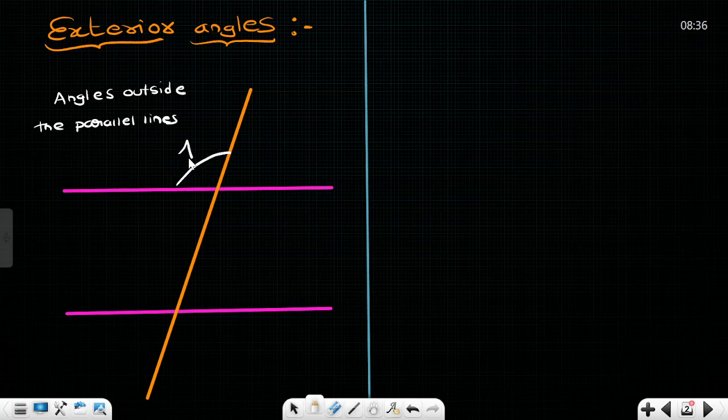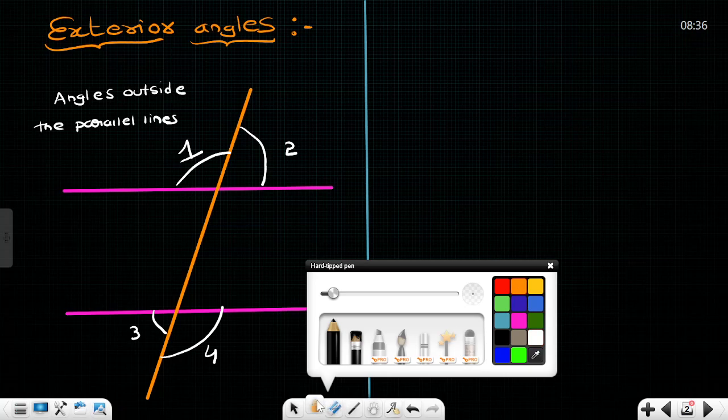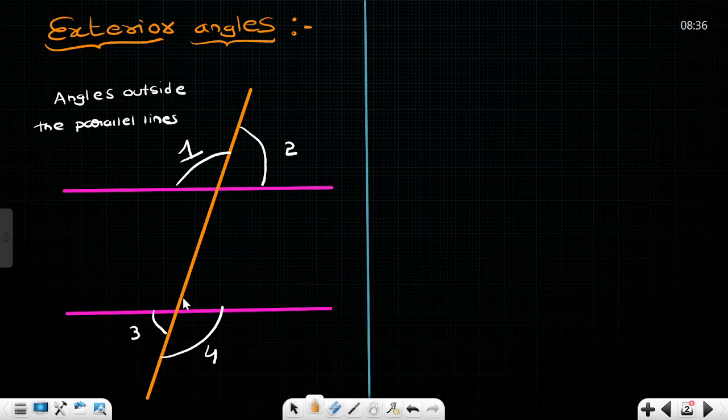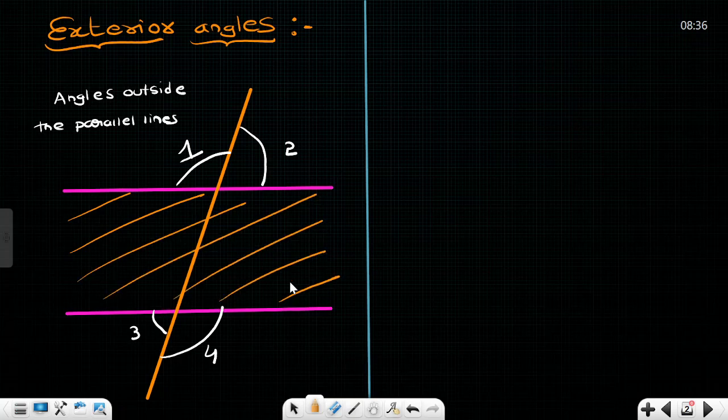So angle 1 can be called as external angle, angle 2 can be called as external angle, angle 3 can be called as external angle, angle 4 can be called as external angles. So these are external, means they should be outside the both parallel lines area. This is the region which is in between both parallel lines. If any angle is outside that region, that is called external angle. Inside that region, it is called internal angle.